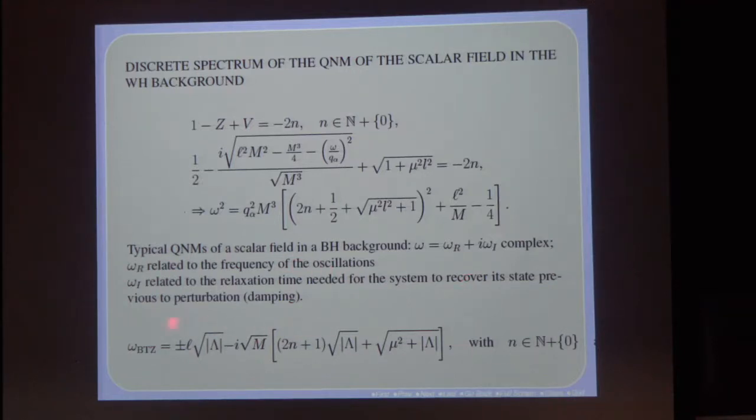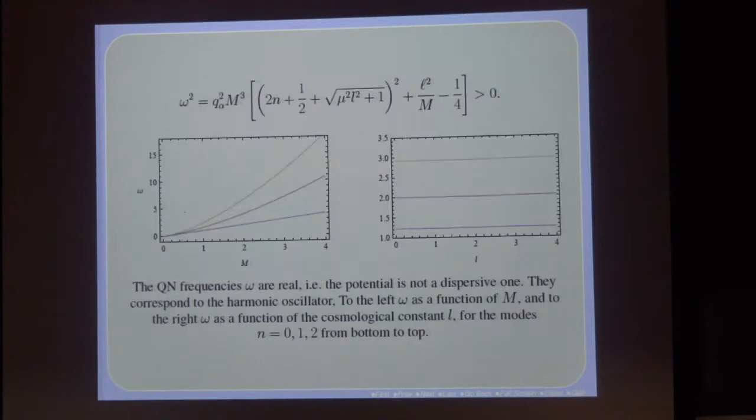Just to compare, I put the frequencies obtained in the case of the BTZ black hole, that as you see has a real and an imaginary part. And this is related with the decay of the perturbation, with the damping time, right?